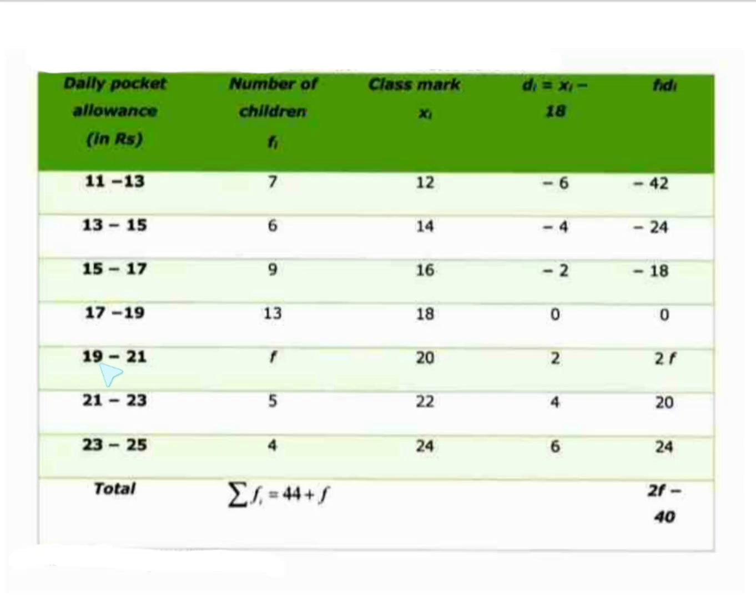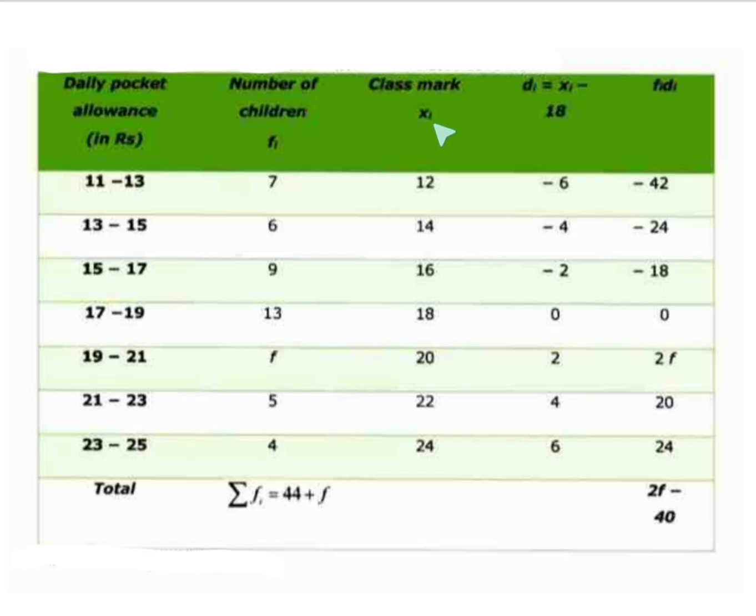But here the missing frequency is there: 19 to 21 rupees daily pocket allowance is f. We have to find this. And 5 and 4. The total number of children, sigma f_i, is equal to adding all these numbers: 7 plus 6 plus 9 plus 13 and 5 plus 4 is 44, and again f is there. So the number of children is 44 plus f.